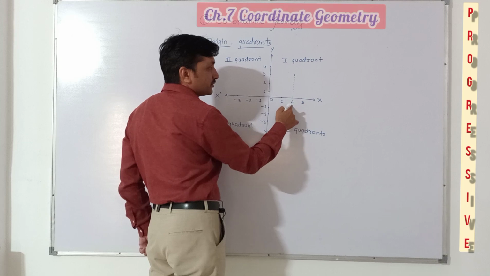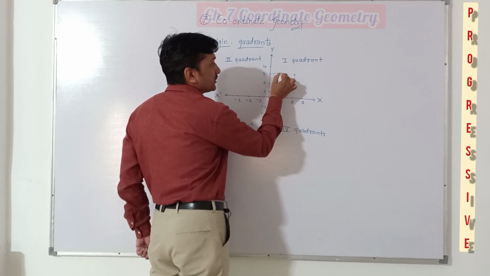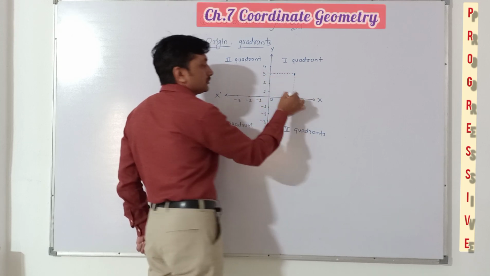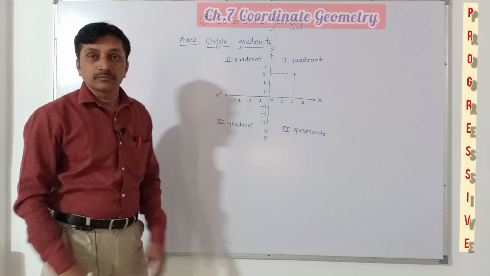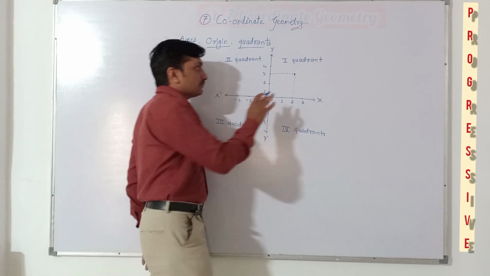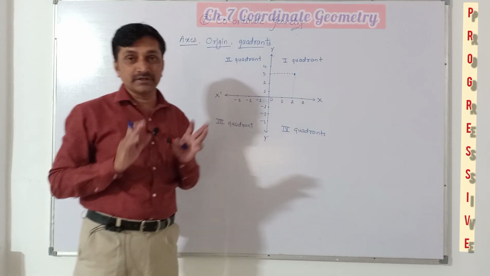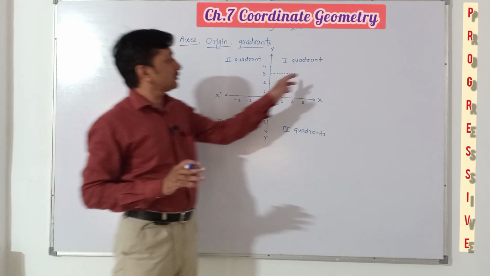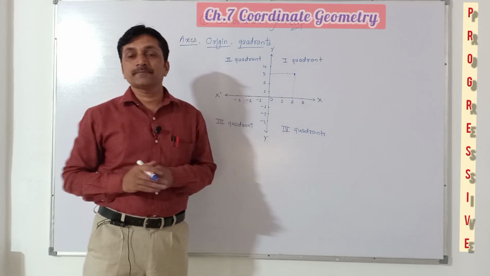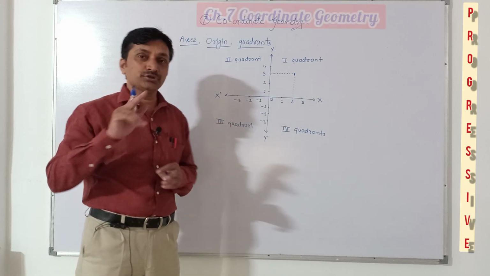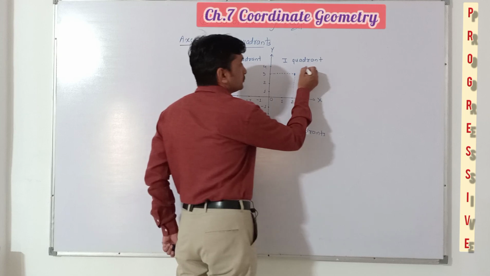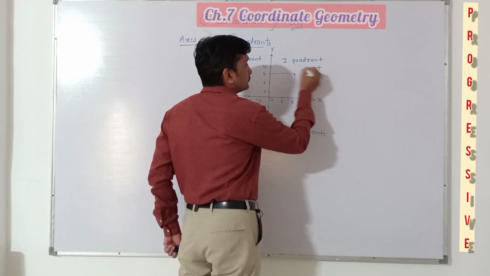X coordinate is here 2 and here y coordinate is 3. 2, 3 means both positive. Therefore remember that any point lying in first quadrant, it has both the coordinates positive, both positive.